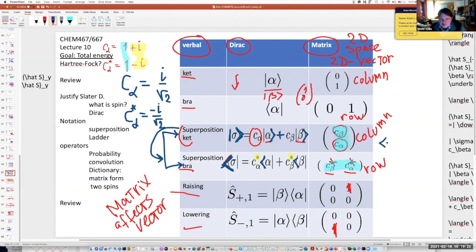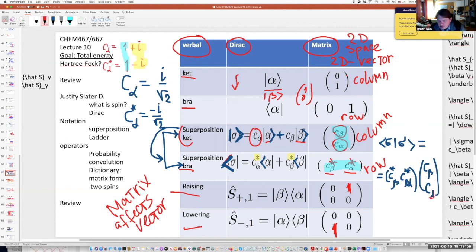vectors, if I do sigma bra times sigma cat, it will be equal to a row vector, C sub beta star, C sub alpha star, times a column vector, C sub beta without star, C sub alpha without star.